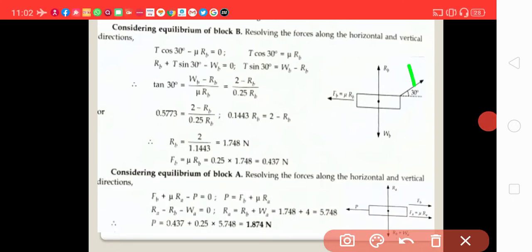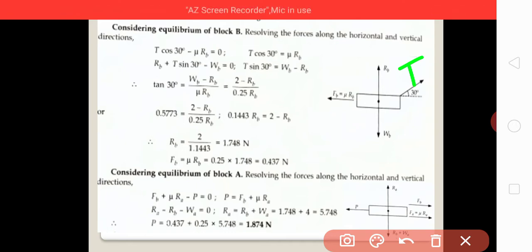This is the tension T. When resolving along the plane, T cos 30 minus FB, where FB is equal to mu RB, equals 0. So T cos 30 is equal to mu RB. Your first equation comes out.